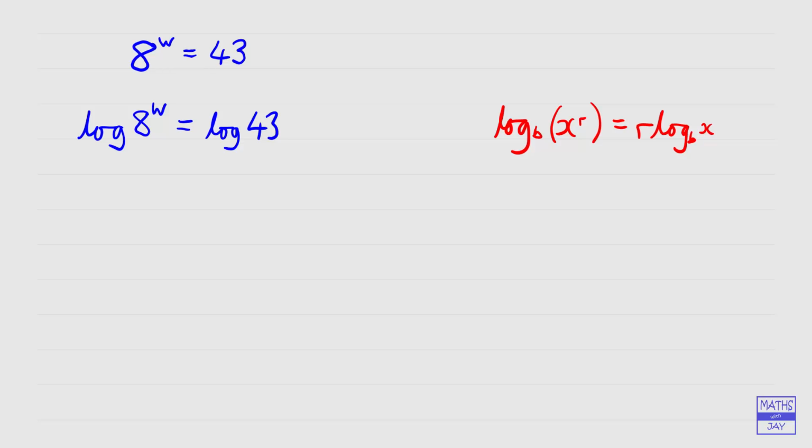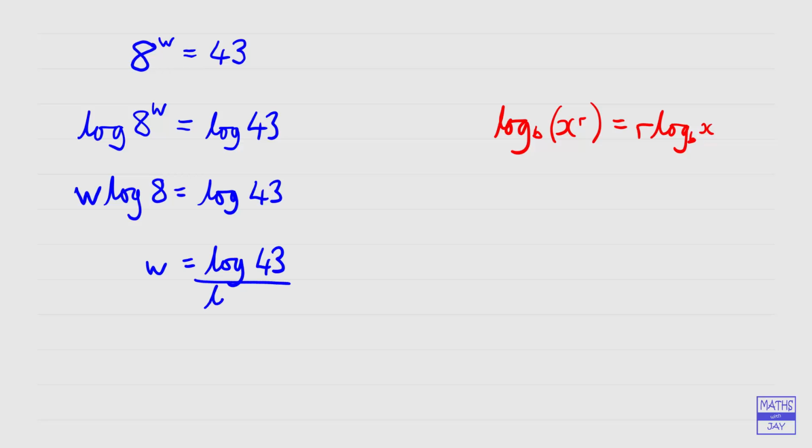So that means we can write w times log 8 equals log 43. And now it's going to be simple to make w the subject, and we can see that w is going to be log 43 divided by log 8.